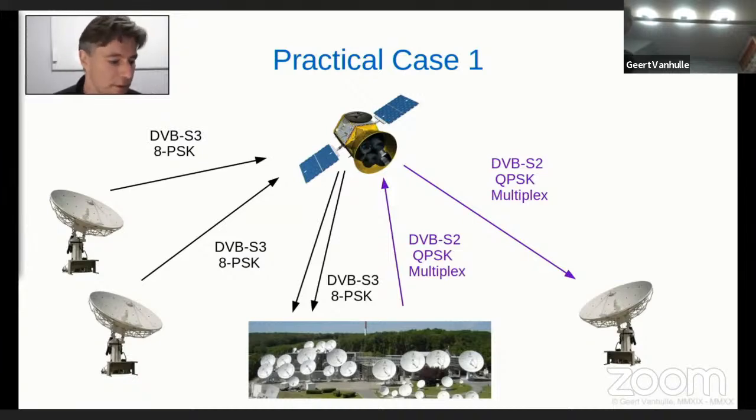The customer all of a sudden has double the cost of leasing space on the satellite, but also has a permanent cost of renting equipment in the ground station to do this turnaround. So this is actually also a business model, of course, for the ground stations.